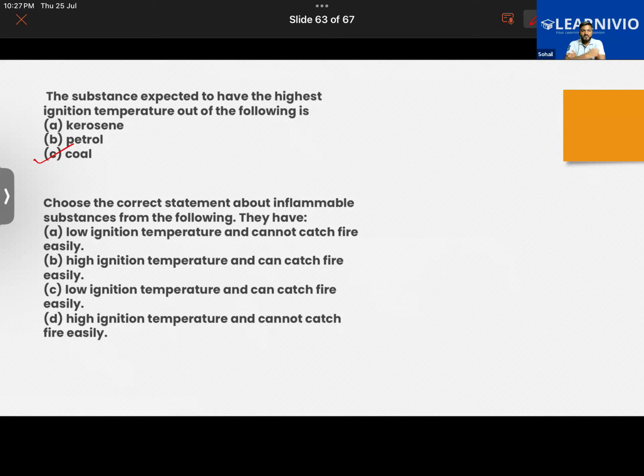Petrol will burn with just a matchstick, so its ignition temperature is low. But with a piece of iron rod, just a matchstick will not be able to burn it because the temperature is not sufficient. Its ignition temperature is much higher. So now which is the answer? Low ignition temperature and can catch fire easily. Option C, good.